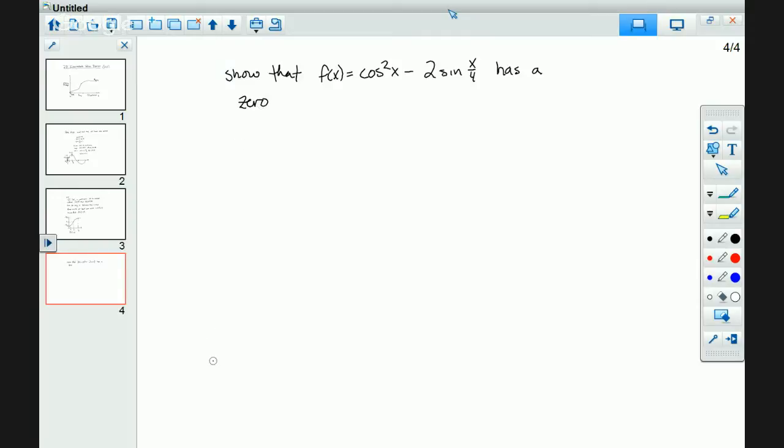We're going to show that the function has a 0 in the interval 0 to 2.